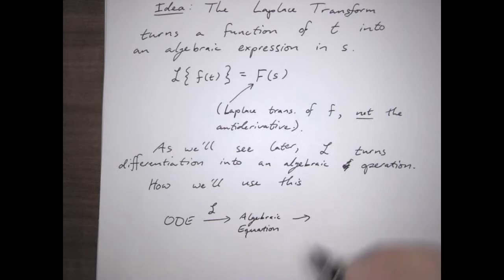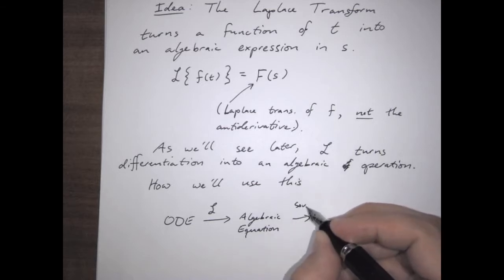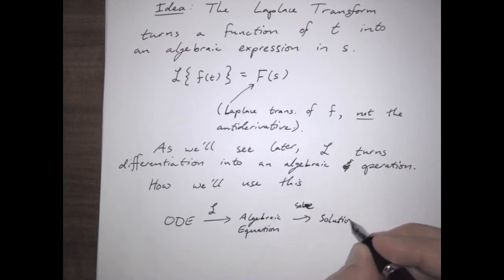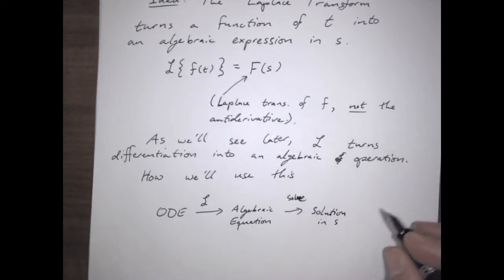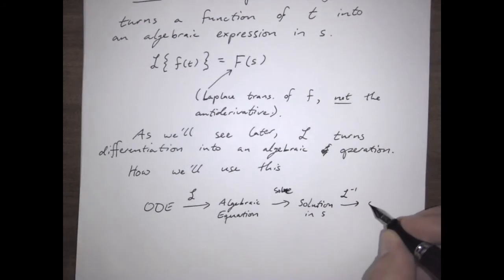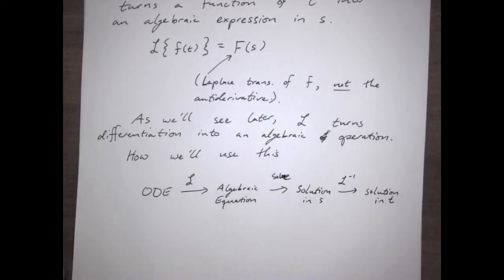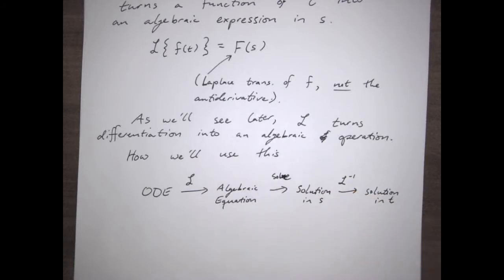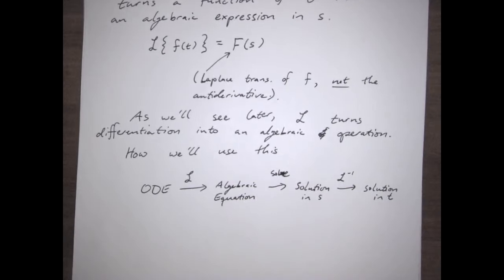Then, by means of algebra, we will solve to get the solution in s, and then we'll do the inverse Laplace transformation to get the solution in t. We change the differential equation into an algebraic equation, solve that, and then change it back into the original variable. That's how the Laplace transform will actually get used.